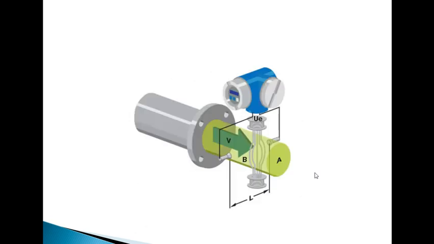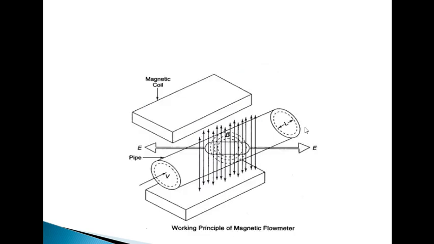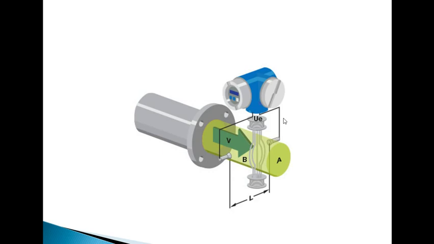The animated diagram will clear the basics behind this construction. This is the animation version of that one. Here these two electrodes are placed, and they are perpendicular to this field, or we can say this field is perpendicular to these electrodes. What is the use of these electrodes, we will see afterwards.